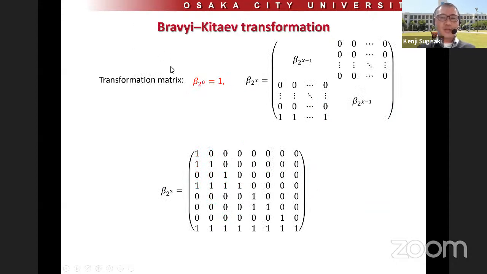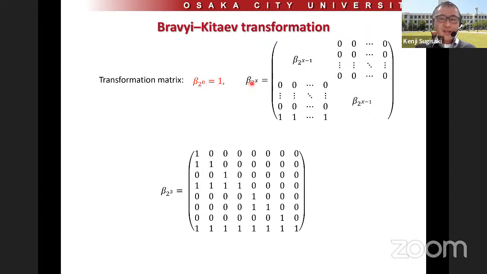And this transformation matrix can be generated by using this equation. Let's start from this: beta to the nth power, where n corresponds to the dimension. Let's start with beta of 2 to the zeroth power equal to 1.